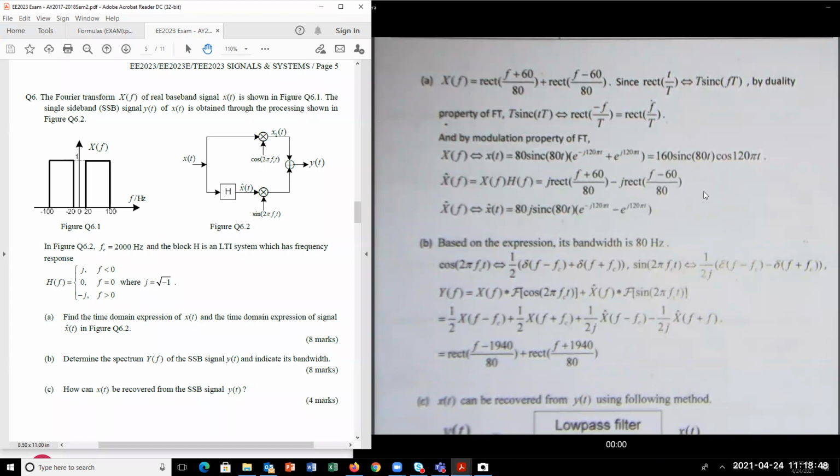So when you substitute these terms inside here for capital X and capital X hat, each of these will give you two terms. This will have two racks, this will have two racks, this will have two racks, this will have two racks, and some of them will cancel out. And that's why you're left with just this guy here.